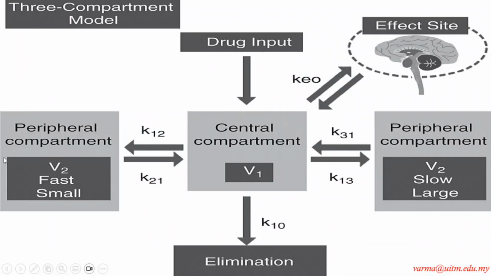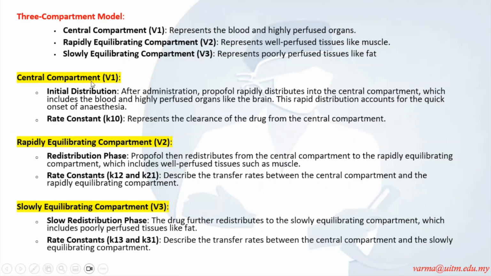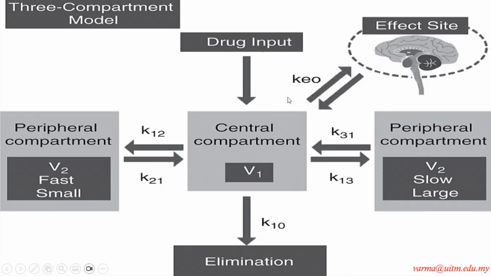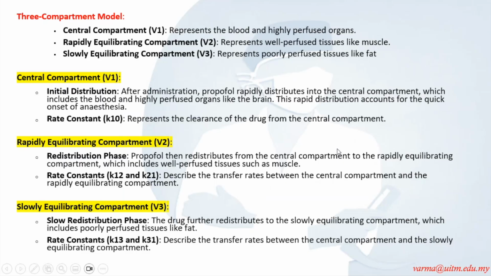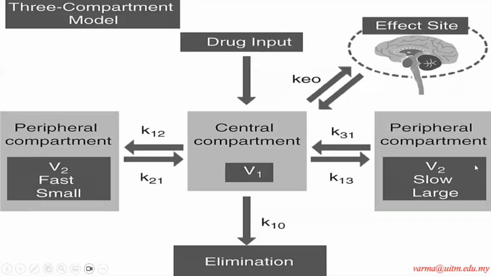It is your fast equilibrating compartment, and it's a small compartment compared to V3. Then we have a slow equilibrating compartment, V3, which represents poorly perfused tissues like fat, but they encompass a larger mass, a larger volume, compared to V2.